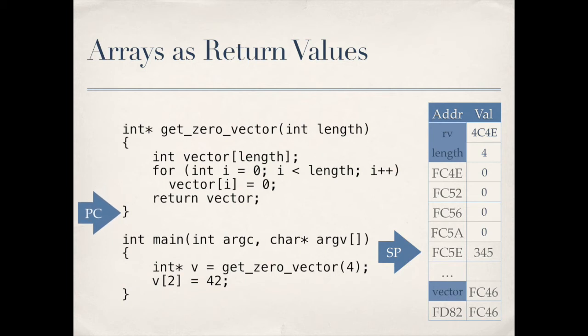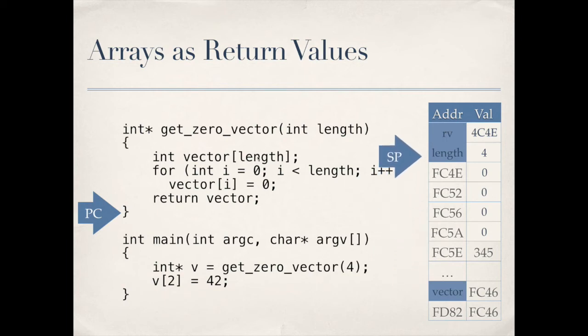So basically what happens now is that the main function takes RV and stores it into V. This means we will get 4C4E being stored into V here, and we clean up the memory because we don't need all that stuff here anymore, because these are all local variables.